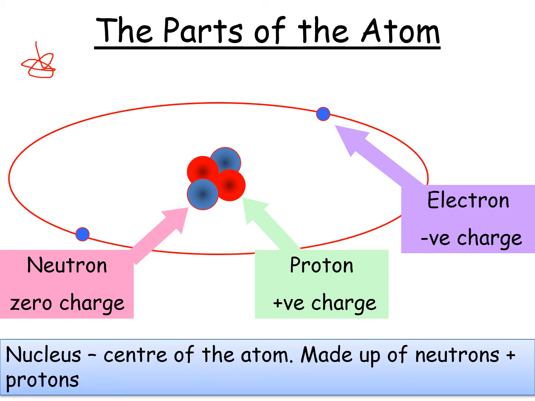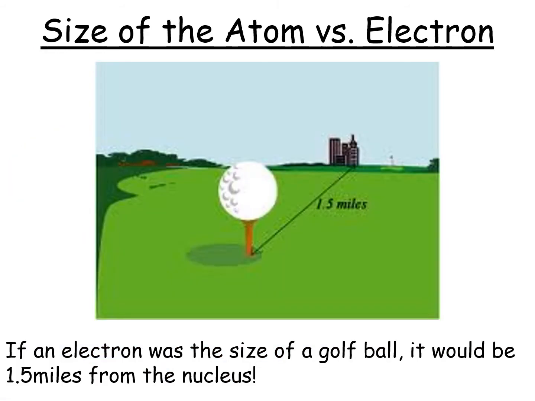Okay, now the nucleus is the center of the atom, and it's made up of neutrons and protons. If you've done chemistry, you'll be fairly familiar with these concepts. To give you an idea of the size of the gap between an electron and the nucleus, if we were to draw it to the scale of a golf ball, then if the electron was the size of a golf ball, that golf ball would have to be 1.5 miles away before you reach the nucleus.